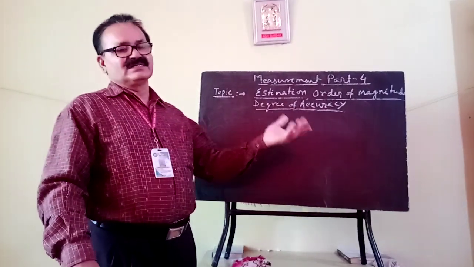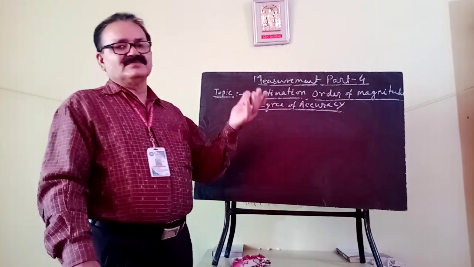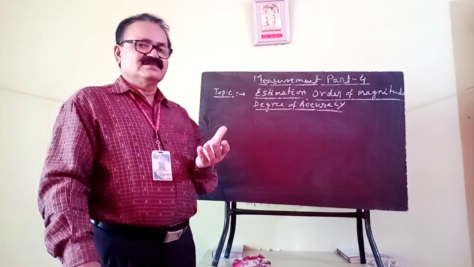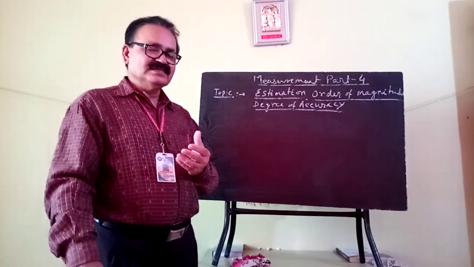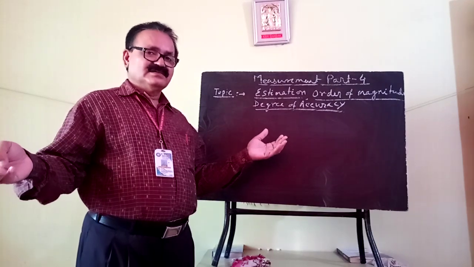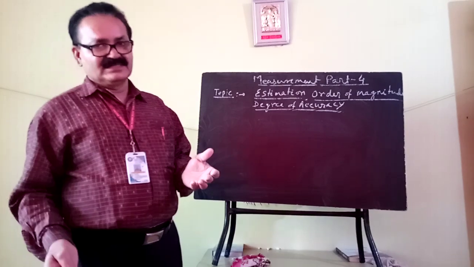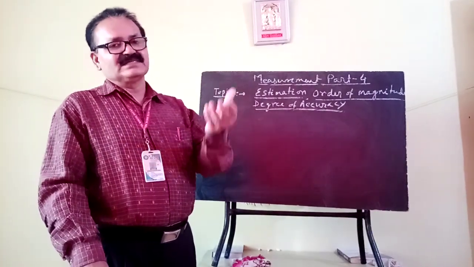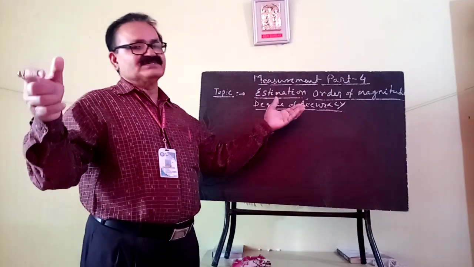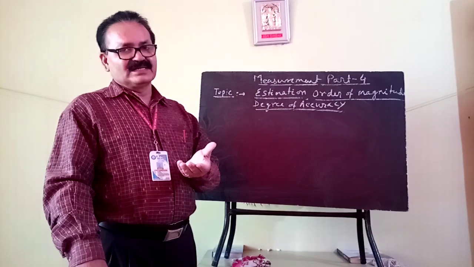Suppose you want to measure the distance of other planets from the Earth, then what will happen? A large number of data you are obtaining. In the SI system, if you express in meters, again a large value of the distance of Earth and Moon you have to write.